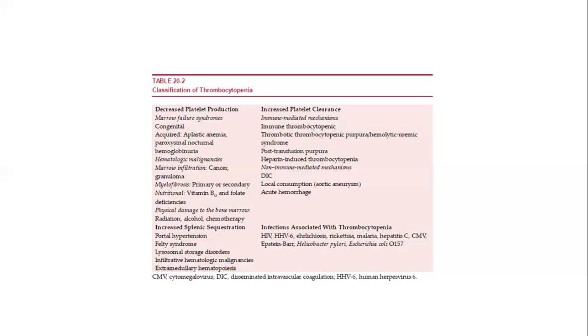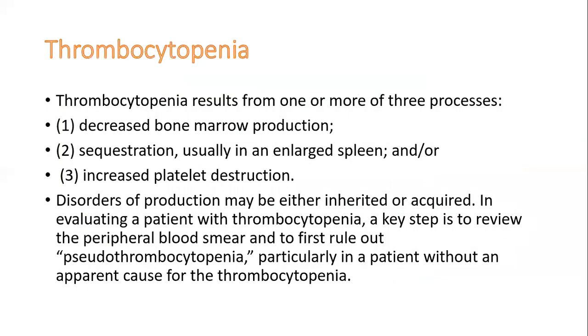What are the other causes of thrombocytosis? That you can refer. First thing, we'll always think of reactive thrombocytosis. Then we have some congenital disorders. Essential thrombocytosis, myeloproliferative disorders. My friend's father has essential thrombocytosis.